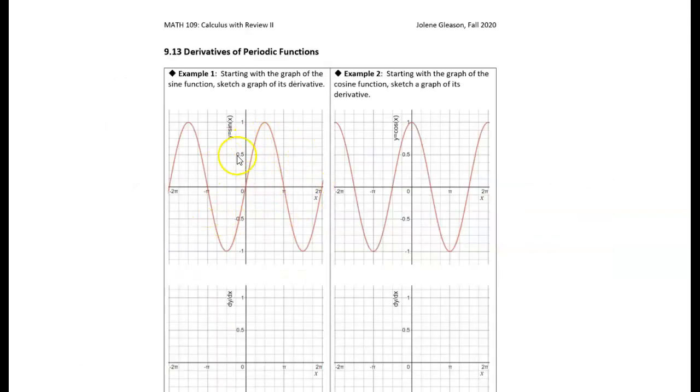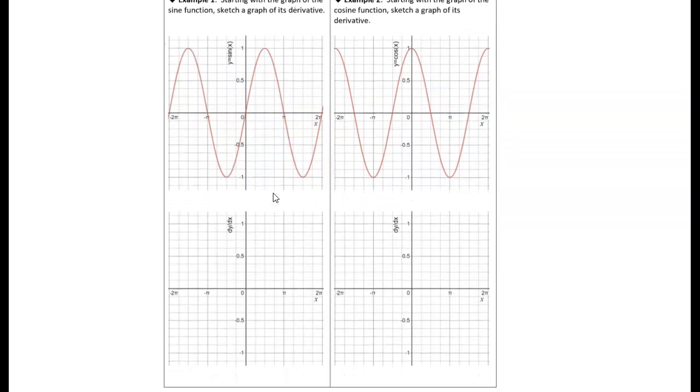All right, so I've made the picture a little smaller just so that we can see both the graph of the function and the graph of its derivative, which we're going to sketch on the same screen. Now I've arranged these vertically, just because I like to be able to show the correlation between the points.